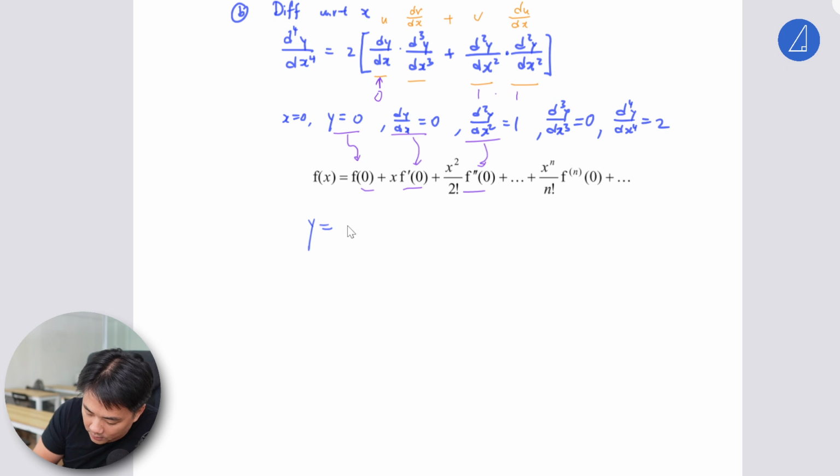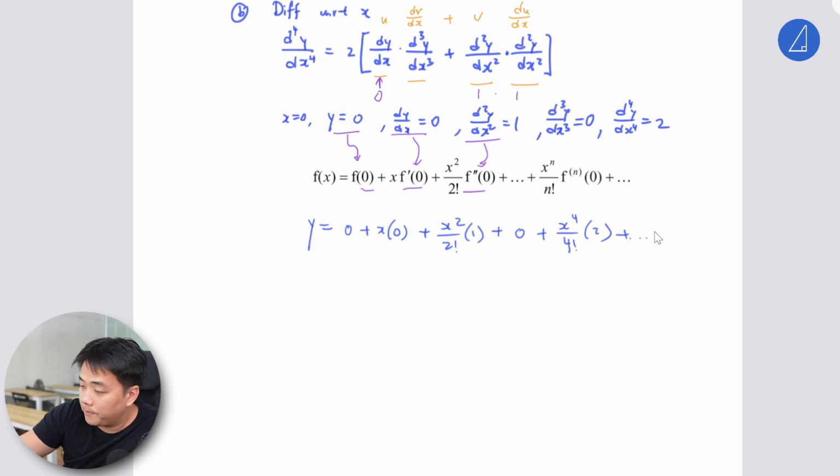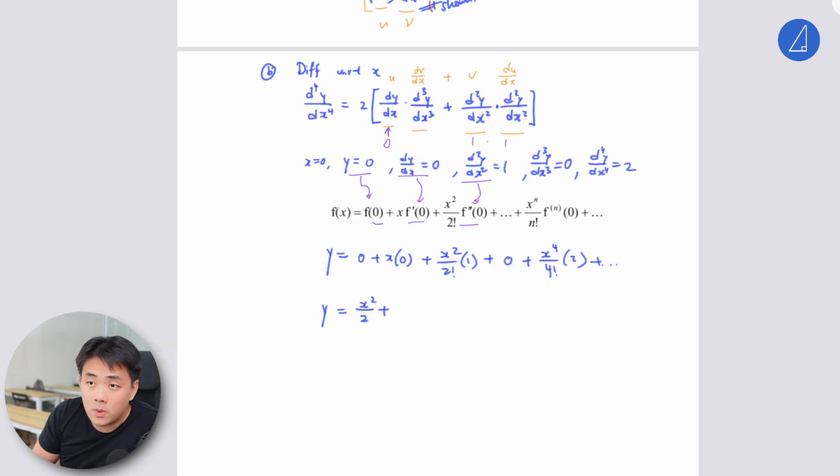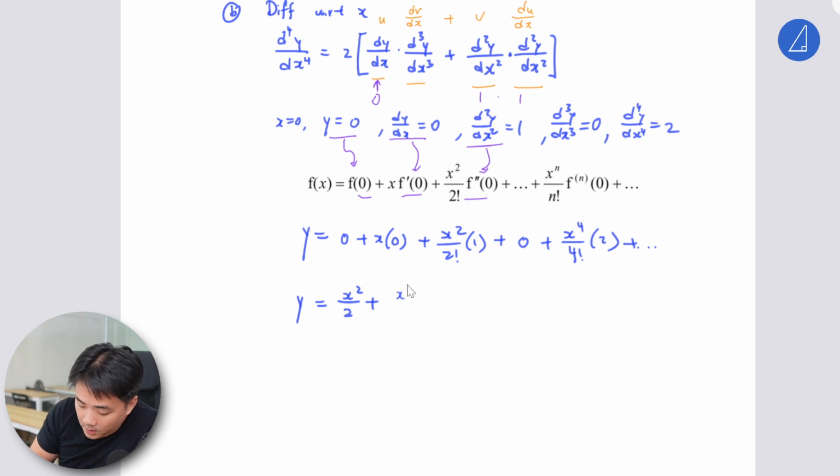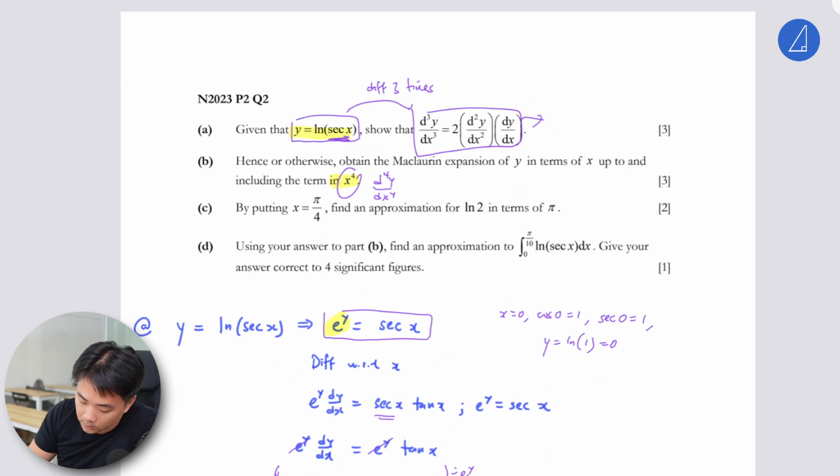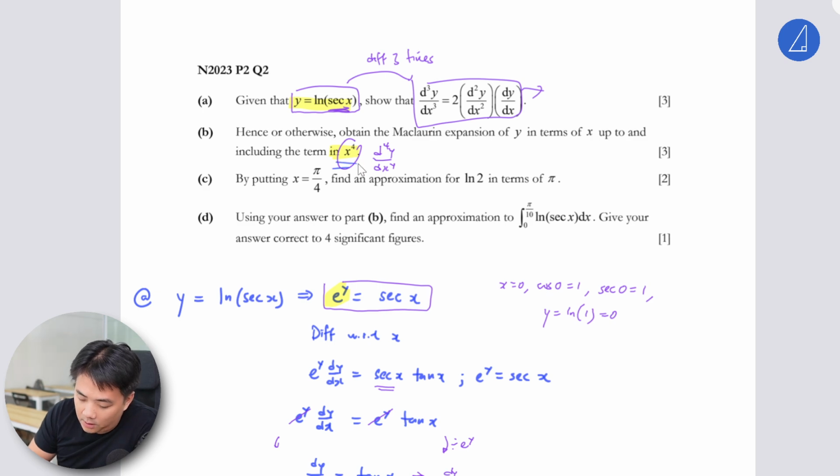So I'm going to just put this in: 0 plus 0 times x, plus x^2 over 2 factorial multiplied by 1, plus 0 times x^3, plus x^4 over 4 factorial multiplied by 2. Okay, that's it. So once we're done, we get x^4 over 4 times 3 times 2, which is 24, so this is 12. So that's that, the expansion up to x^4.